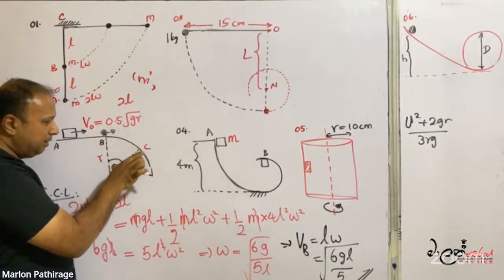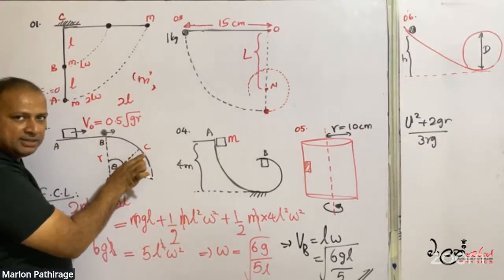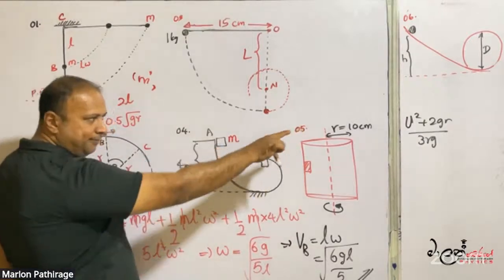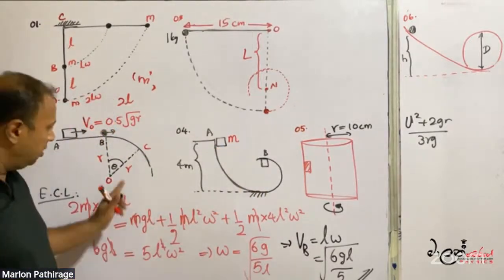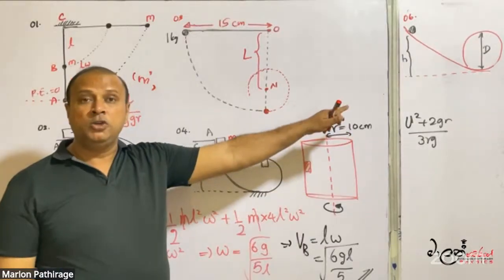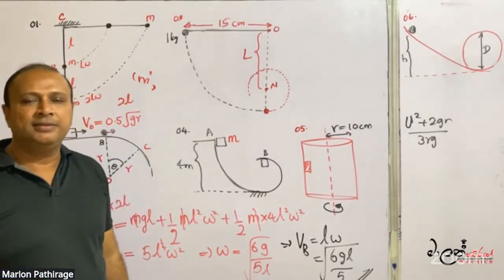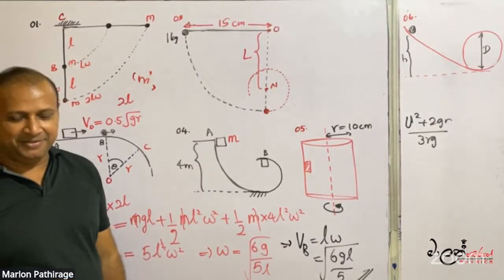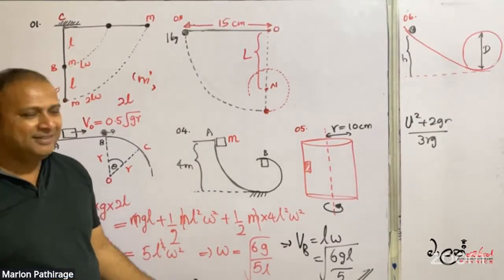Therefore, when the ball leaves the surface, the cos value of this angle should be equal to u squared plus 2gr over 3gr. We have proven this value. Therefore, just apply the answer.